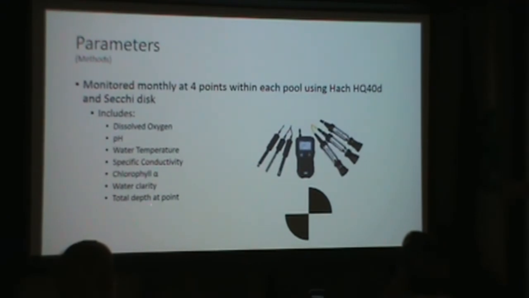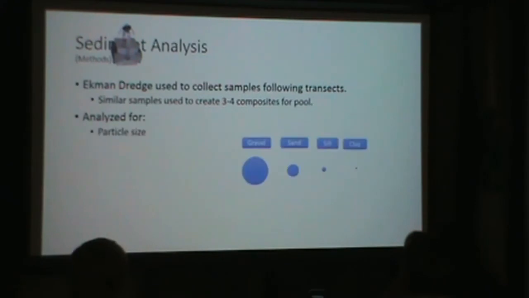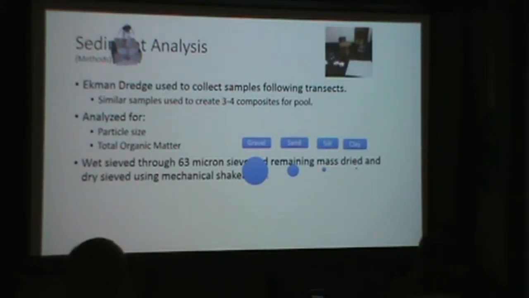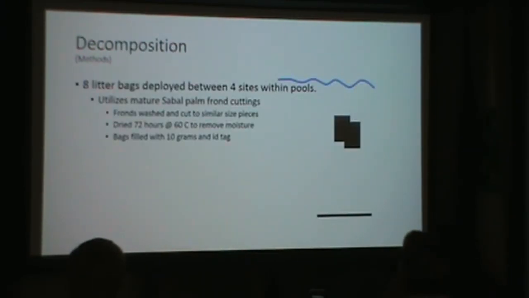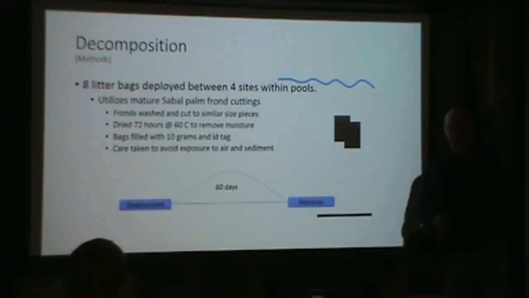So we measure the parameters that I told you, similar, okay? We also look at the sediment, also look for the particle size distribution. We already talked about that. And we measure the decomposition using a technique that is called the litter bag technique, which are mesh bags. We put some substrate there, which in this case was sable palm fronds, little chunks of sable palm fronds.